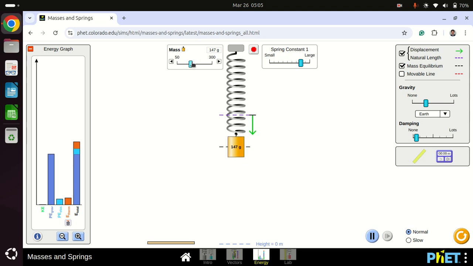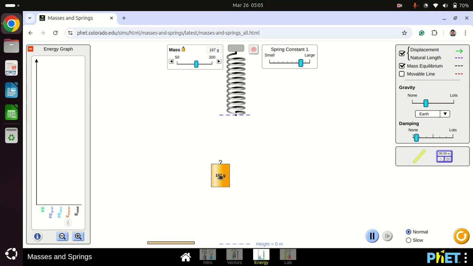So suppose I take one value, and here you can see damping. Let me have the largest mass possible here, this 300 gram, and we are measuring the height from here.